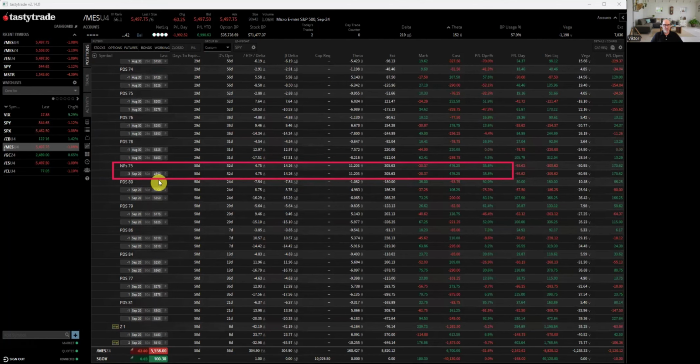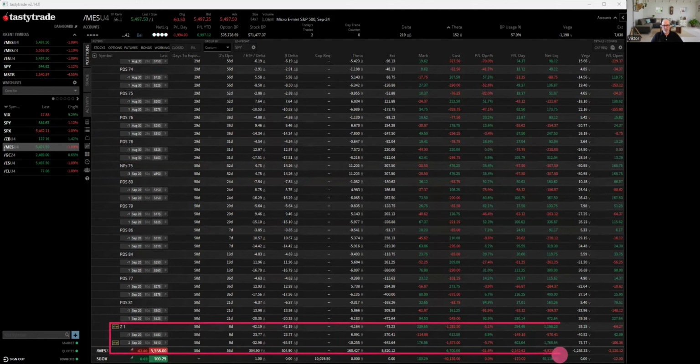And everything else are put debit spreads. Yesterday we closed one set of naked puts, which was good. And then we have our zebra trade right here that we left open, and that one is showing a little bit of profit today. It's still overall loss, not a huge loss, 60 bucks, but it's on and it's bringing 40-something negative deltas to the account, which is good.